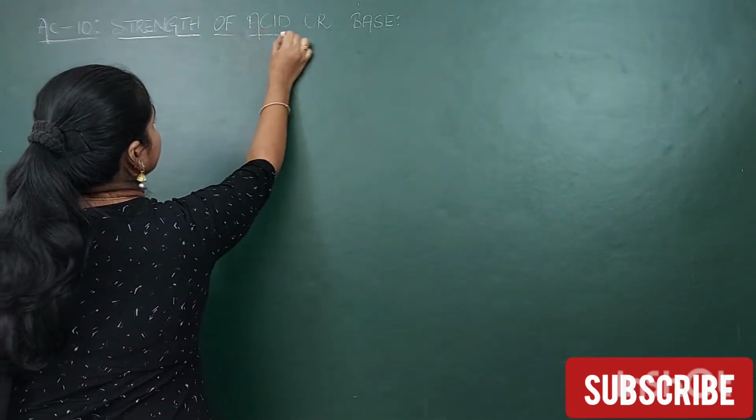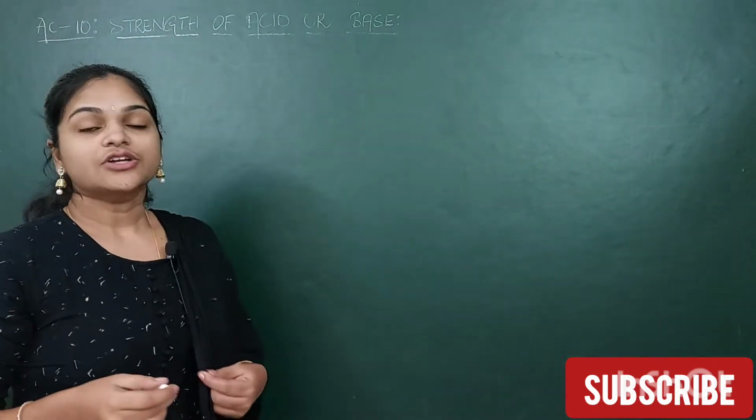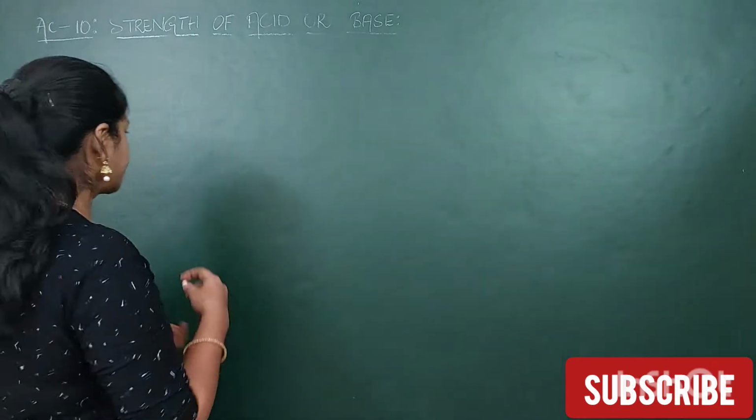So how to find the strength of acid or base? Let's see how to find. To do this activity, first we have to take two beakers.